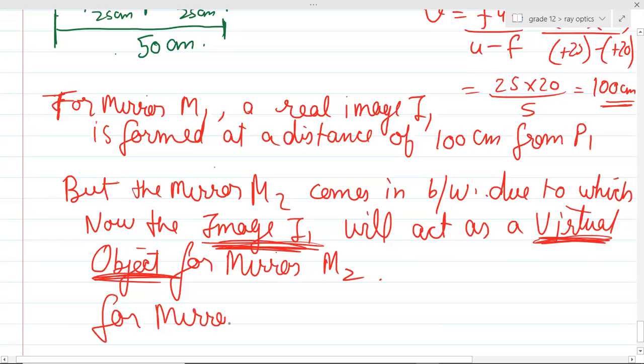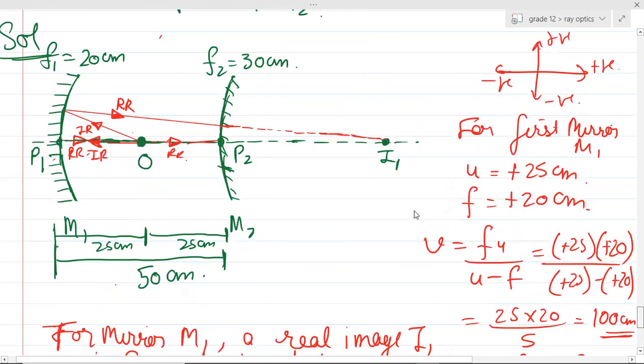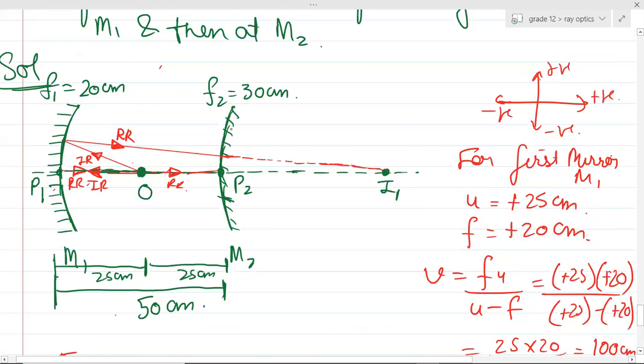But still, can you see over here, whatever image is formed by the first optical instrument is acting as an object for the second optical instrument, right?